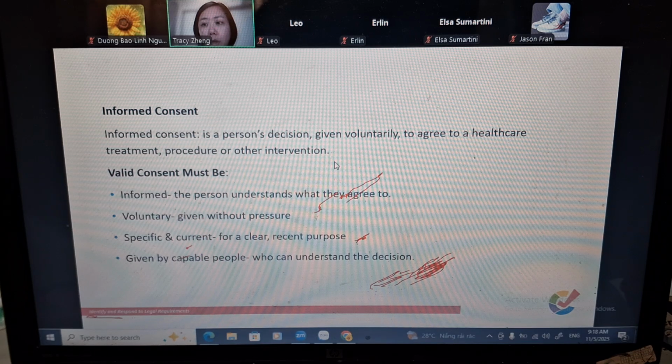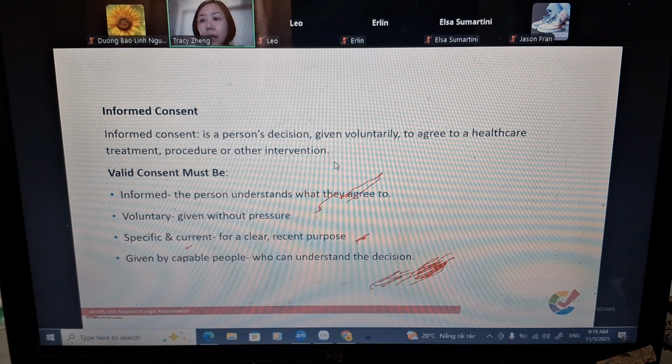If they are not quite sure, let's say they don't understand why they need this operation or why they need to follow this treatment, then they will not be able to make the decision whether they want to do it or not. So for all the consents our clients give, we must provide understandable information to them.